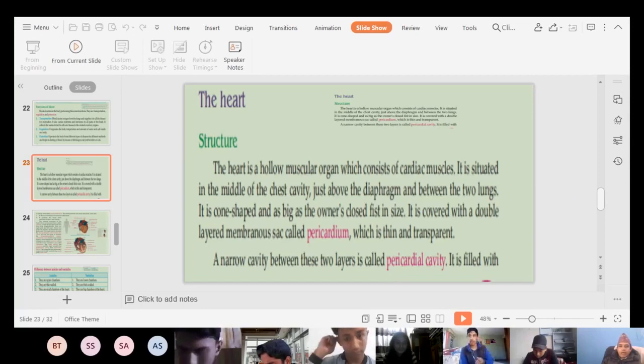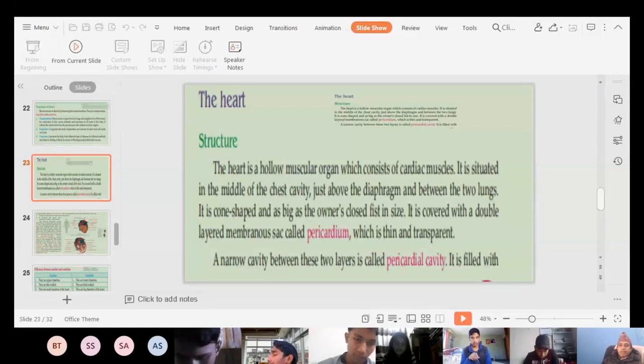So next thing, the heart is covered by double layered membrane, means there are two layers in that membrane. That membrane is called pericardium. Students, when we studied about nervous system, then we learned one thing, meninges. Meninges are three layered membranes that cover the brain.